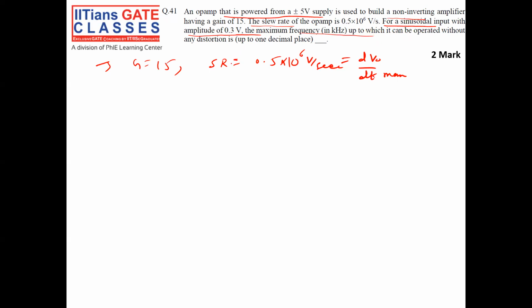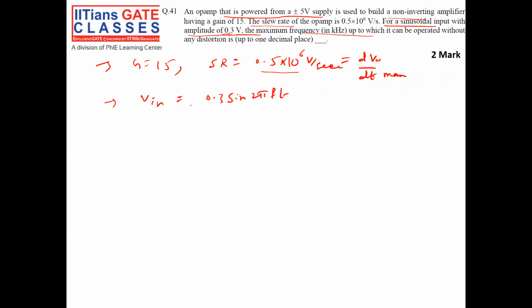So what it is asking is: whenever my slew rate is 0.5 × 10^6, what is the maximum input frequency of a sine wave of amplitude 0.3 volt I can apply without distortion? Since V_in is 0.3 sin(2πft), a sinusoid of unknown frequency, what is the maximum frequency of input for which my output will not be distorted?